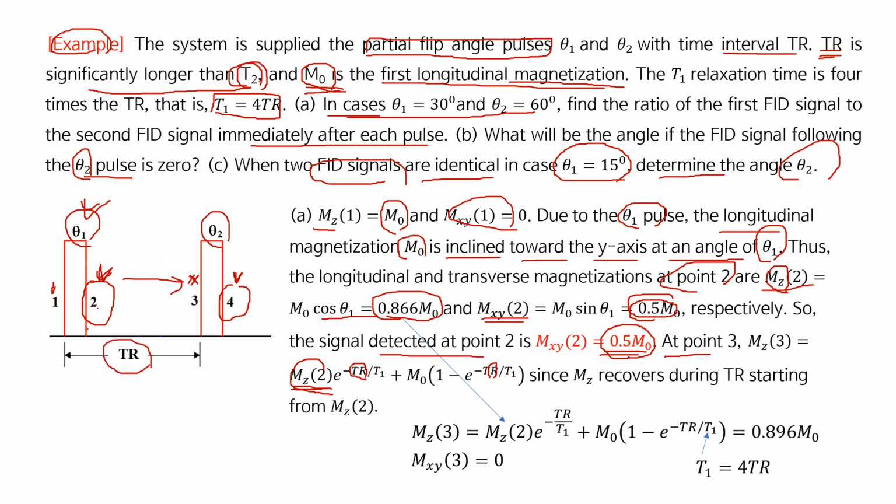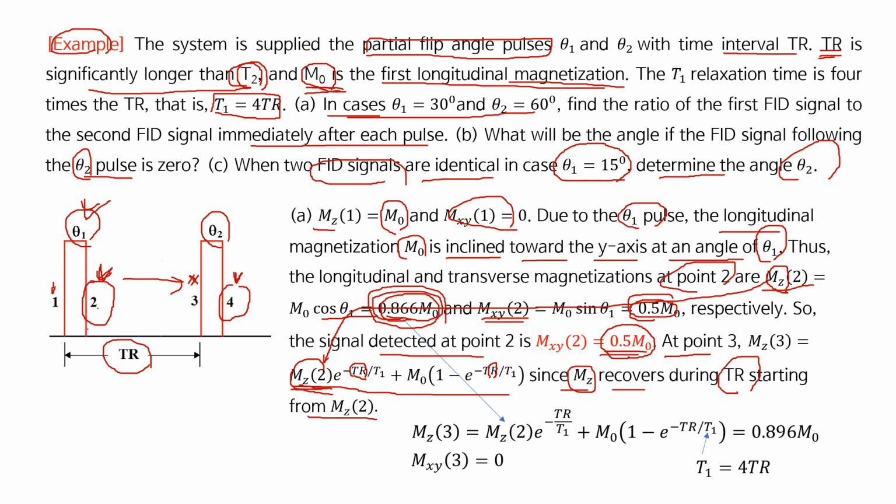So we can get this relation. And the Mz2 is as given here. So Mz recovers during TR, starting from Mz2. So we have this expression, and the Mz2 is given here, this number.